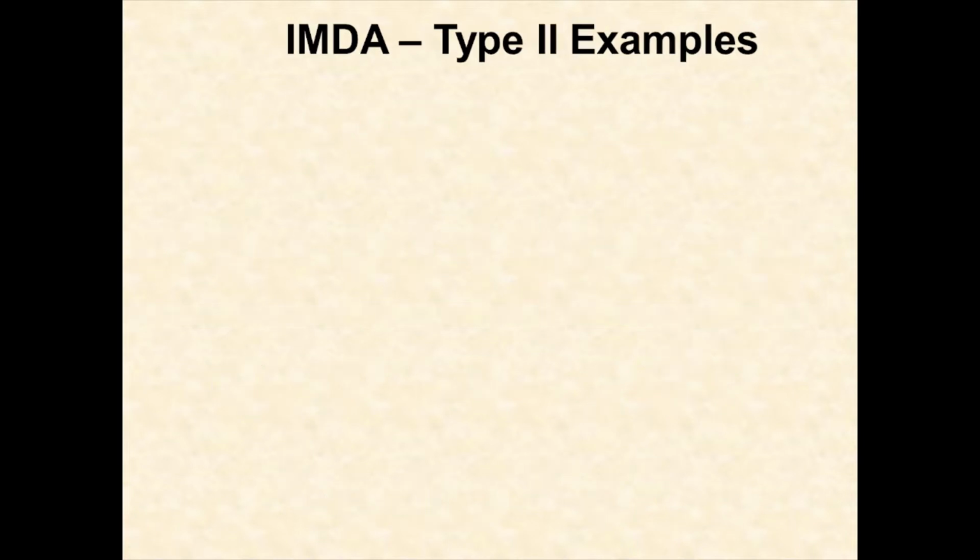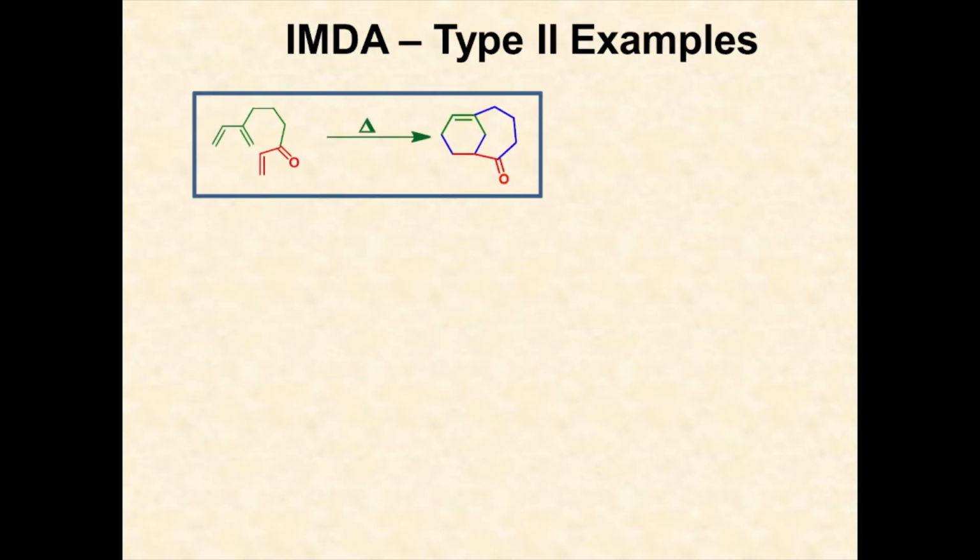Next, we will see some examples of type 2 intramolecular Diels-Alder reaction, where, as you can see, the dienophile will be attached with the C2 center of the diene system. We will have a couple of examples over here, and definitely at the end we can have this bridged bicyclic system as the major product, as I have said earlier.